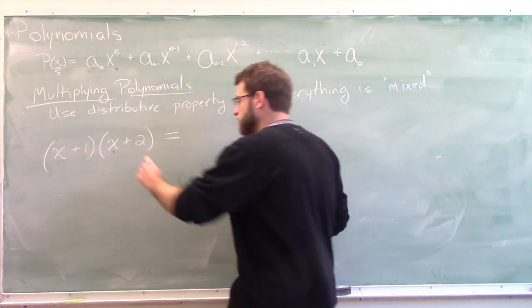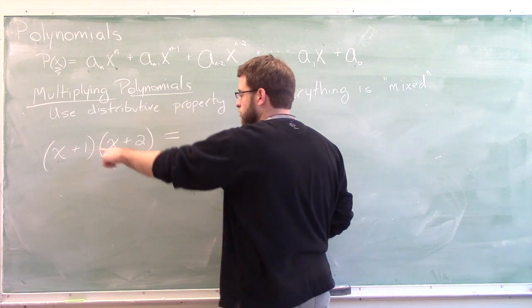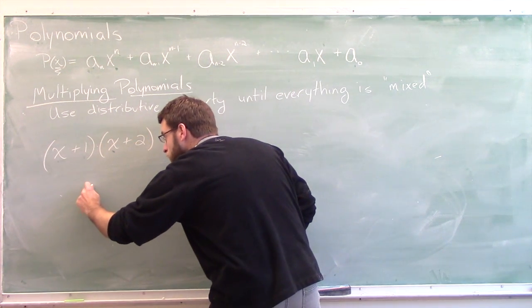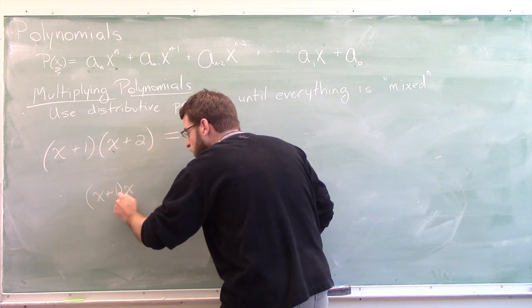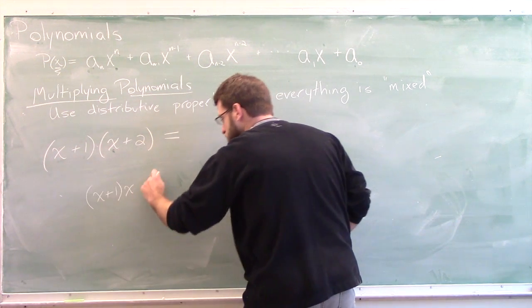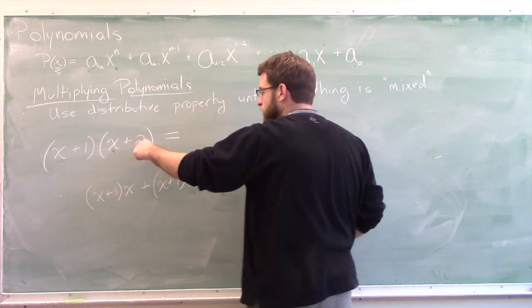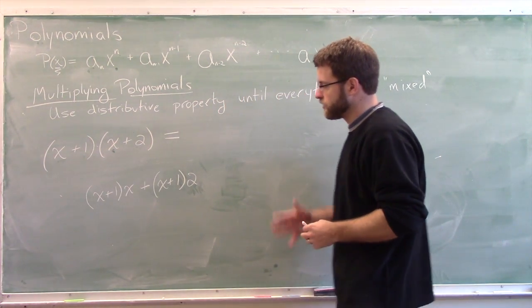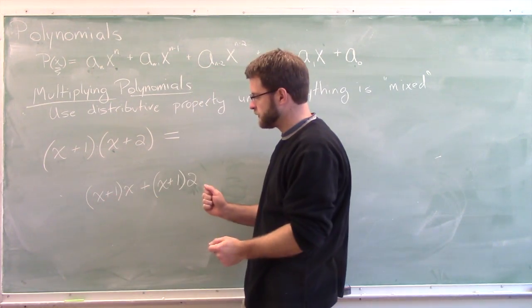Right? So this first step, I take this x plus 1 and I multiply it across to each term in the second polynomial. So we have x plus 1 is going to multiply the first x that we see here, plus x plus 1 is going to multiply the 2 that we see here. Okay? So we've used the distributive property to split that into two pieces.